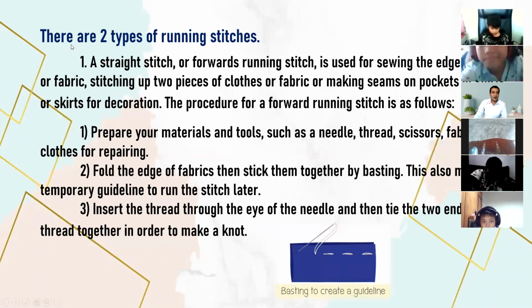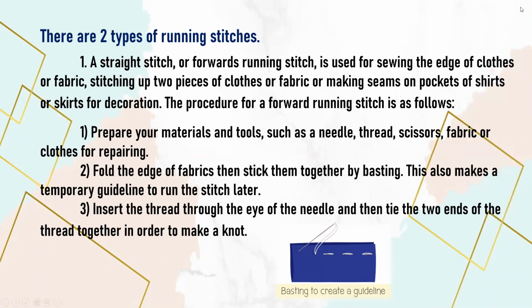Now here, there are two types of running stitch. Number one, a straight stitch or forward running stitch, is used for sewing two edges of clothes or fabric, stitching up two pieces of clothes or fabric, or making a seam on pockets of shirts or skirts for decoration.